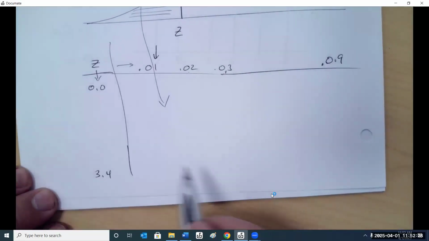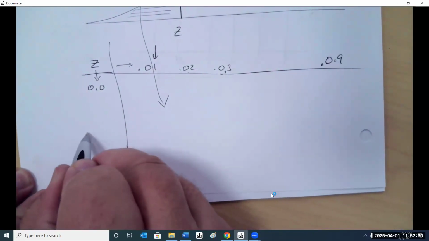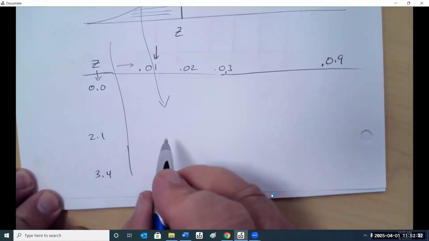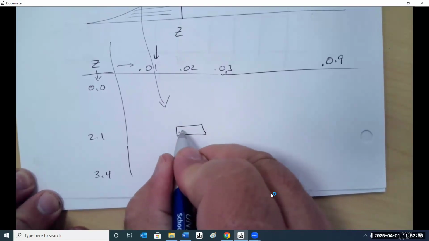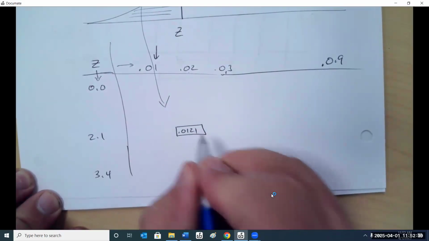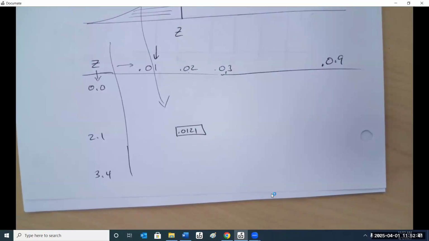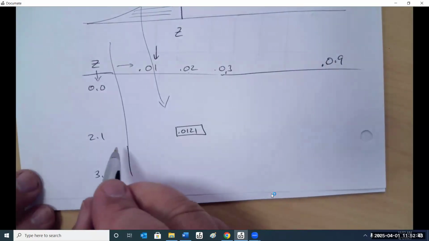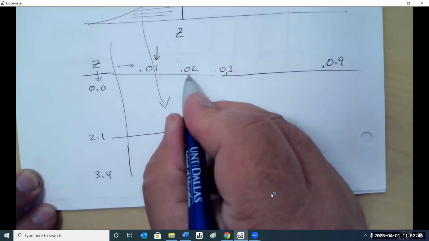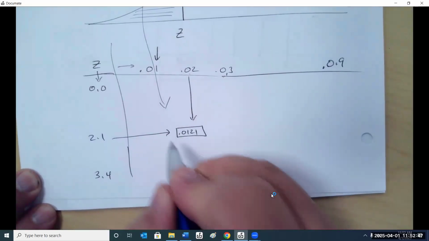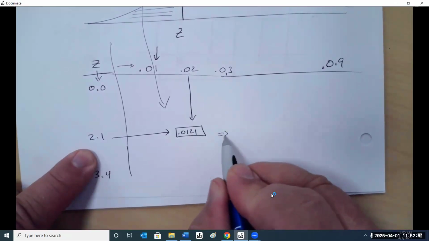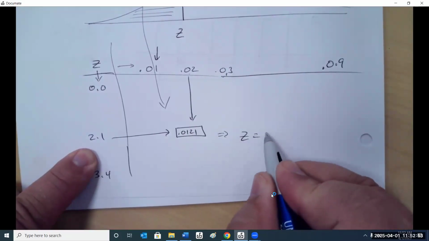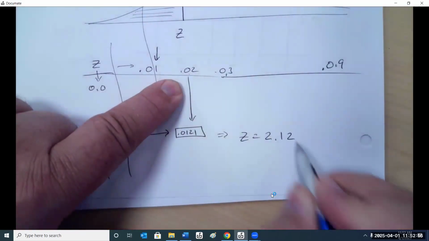So, for example, if we had a number here, let's say it was 0.0121. So it would be associated to my Z number, the area of the Z number 2.12.